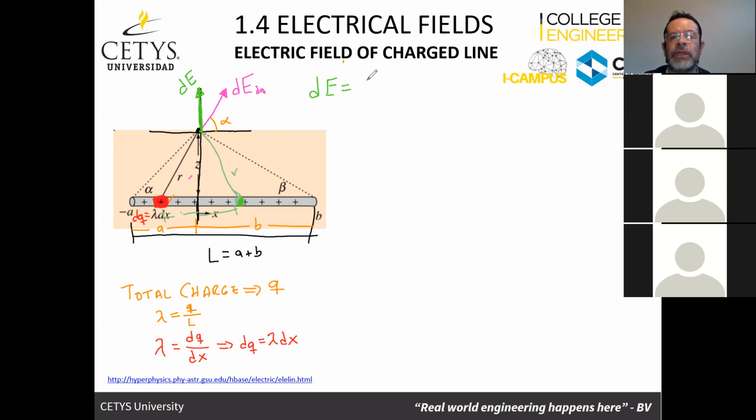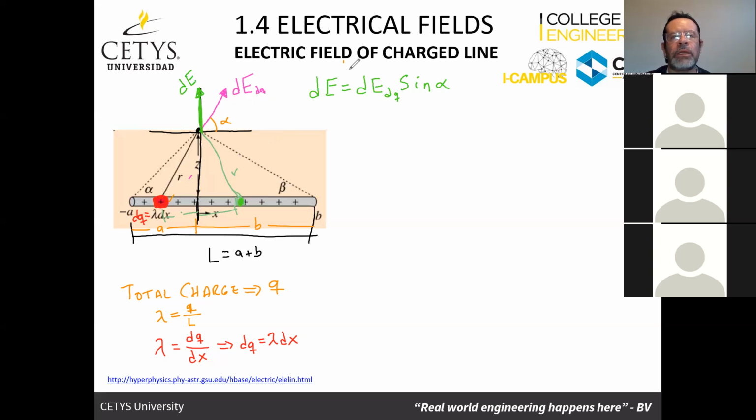And that means that the only thing I'm interested in is the Y component. And how do I calculate the Y component? It's going to be the differential, which is the pink one, multiplied by the sine of alpha. Okay.